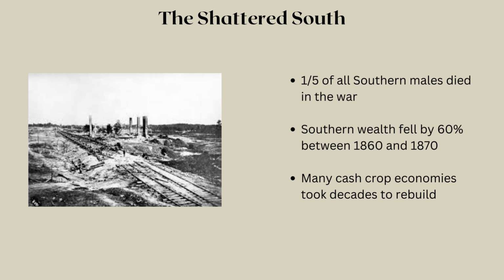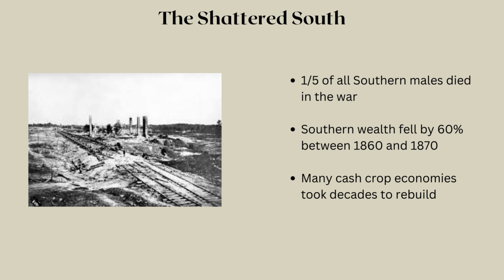And then, of course, we have the elephant in the room, which is that about 3.5 million human beings went from being property to citizens overnight. That's $3 billion in property lost instantly.